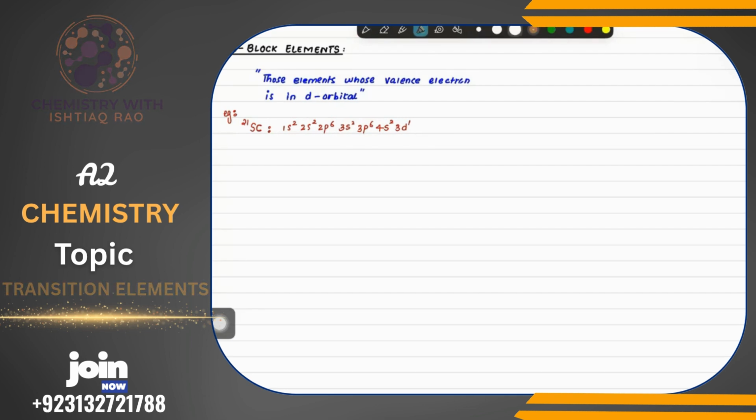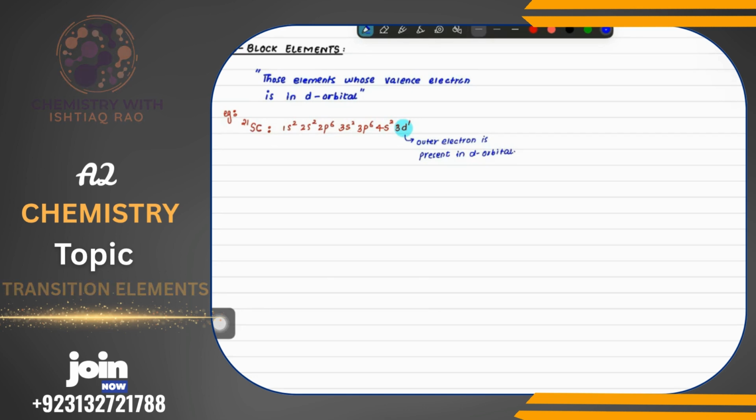As we can see, its outer electron is lying in the d orbital, so this is a d block element, as its outer electron is present in the d orbital.